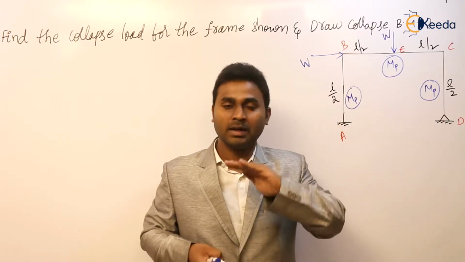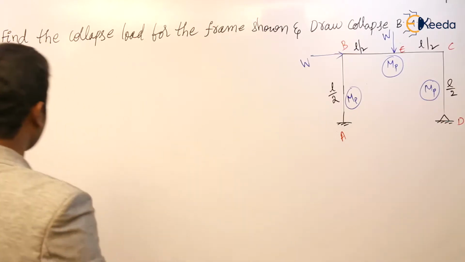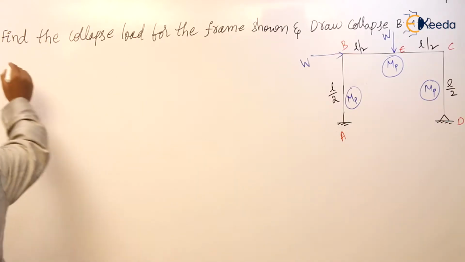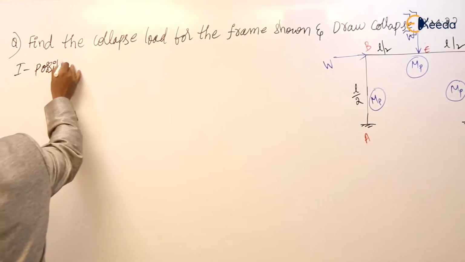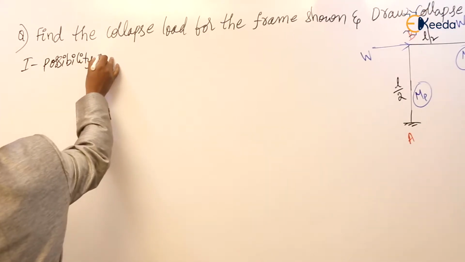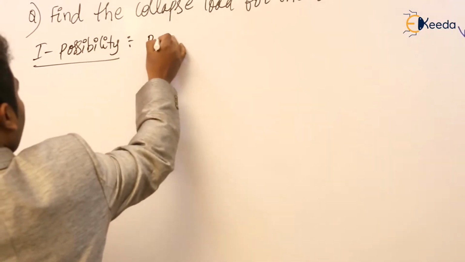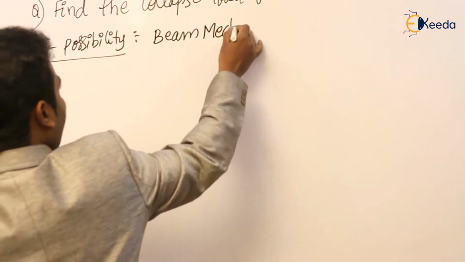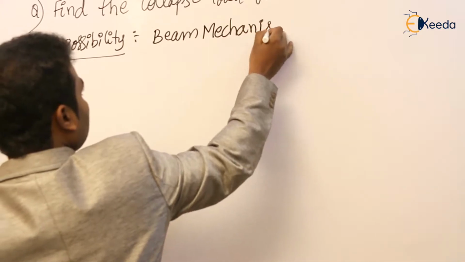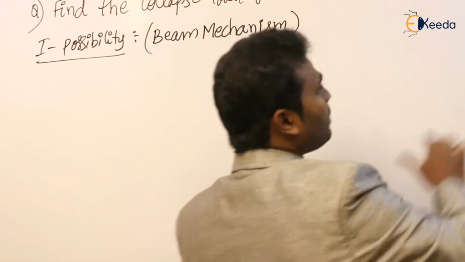But as I said, this is the first case, so I'm going to explain all three possibilities. The first possibility is beam mechanism. In beam mechanism, we have to consider only BEC.